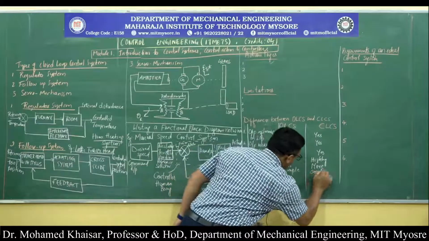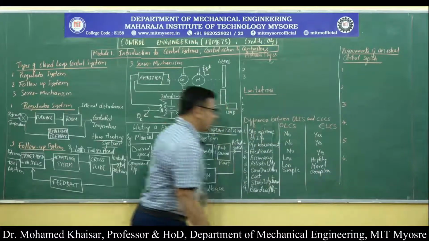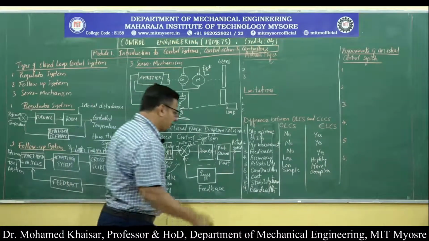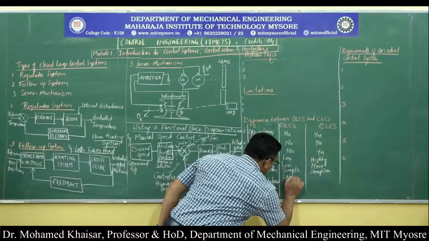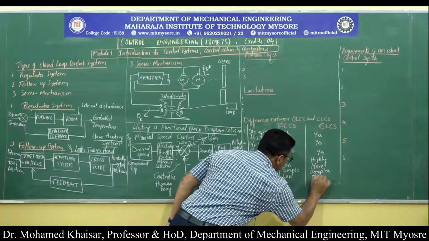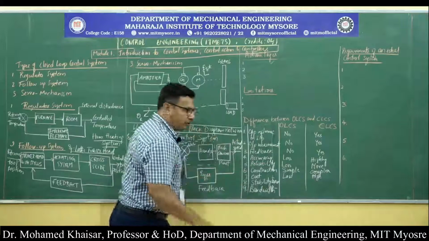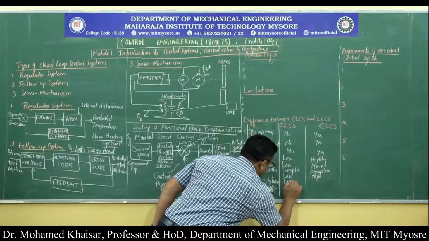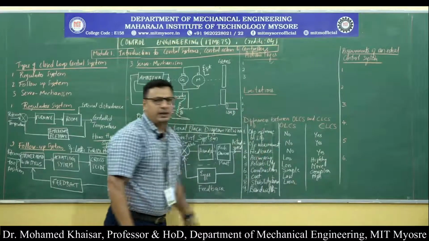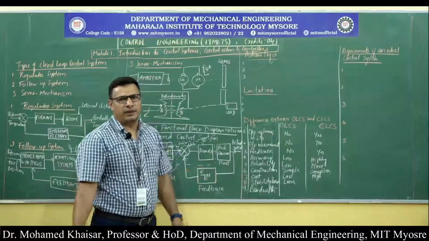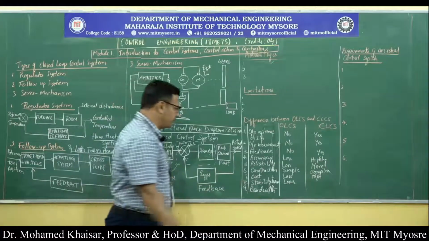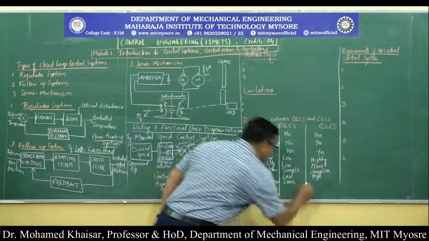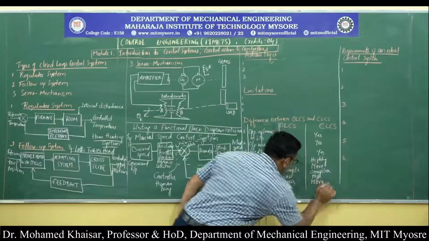Then construction: the open loop control system will have fewer elements, because of which the construction is simple. Here, because of output measurement and feedback, the construction of the closed loop control system becomes complex. Cost, obviously this is low, this is high. Then stability issues: the open loop control system will face fewer stability issues. Why? In every cycle there is no correction effort to correct the system, so the stability issues with the open loop control system will be less, whereas here they will be more.